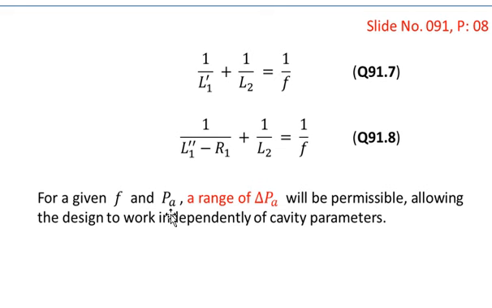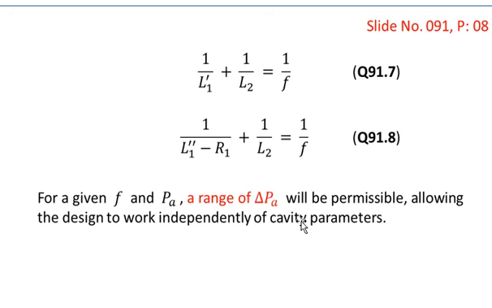For a given F and PA, a range of delta PA will be permissible, allowing the design to work independently of cavity parameters. So here a range of delta PA will be permissible and will be worked out within this range. This is what we have to decide: what range we permit in the design of our resonator.